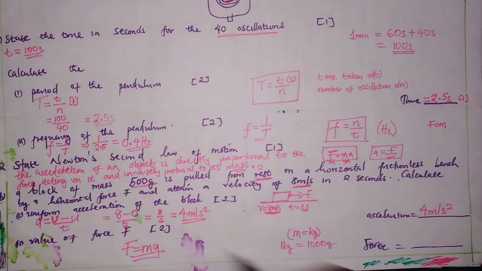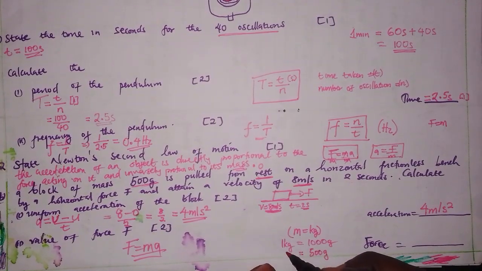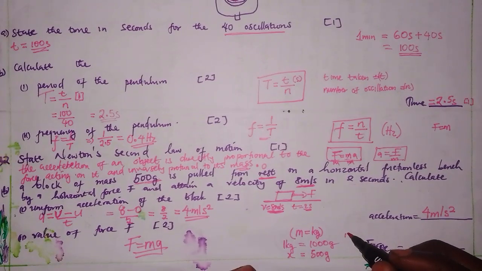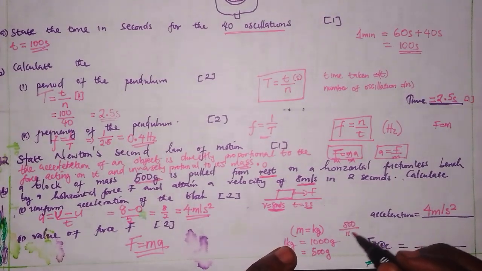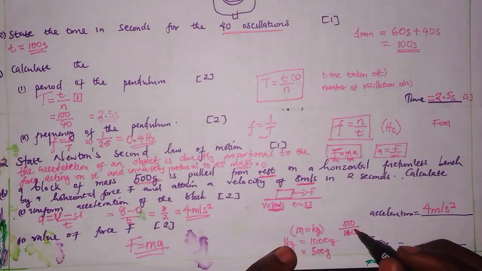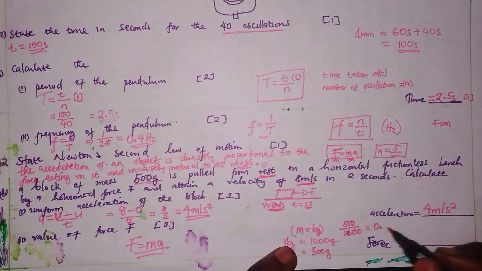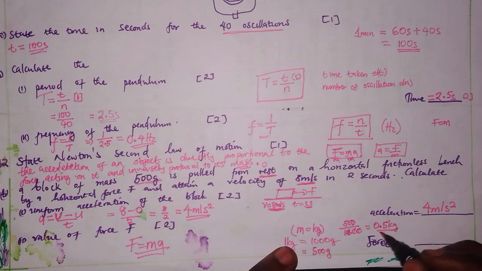So you are going to divide 500 by 1000 grams, which will give us 0.5 kg.